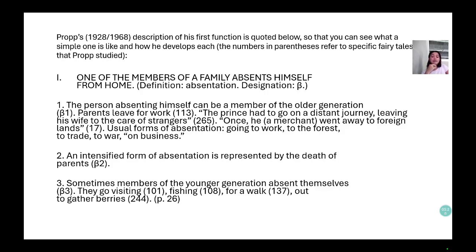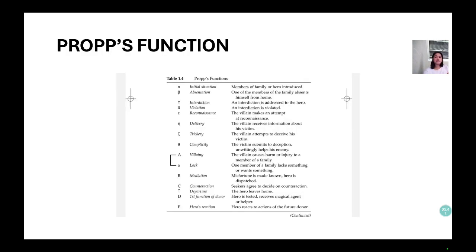An intensified form of absentation is represented by the death of parents. Sometimes members of the younger generation absent themselves. They go visiting, fishing, for a walk, or out to gather berries.